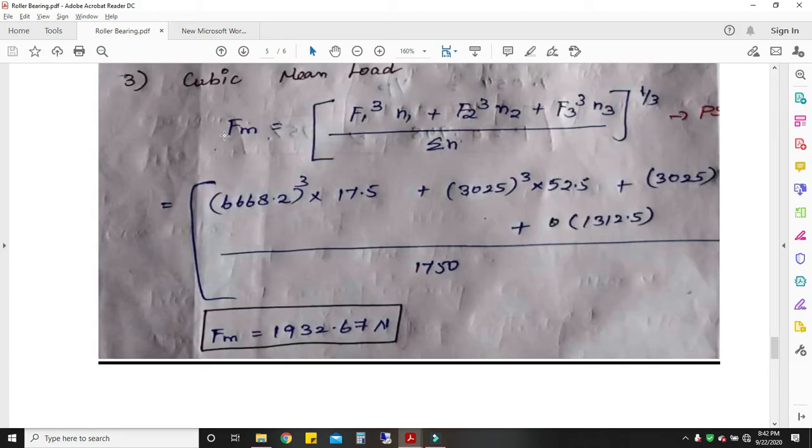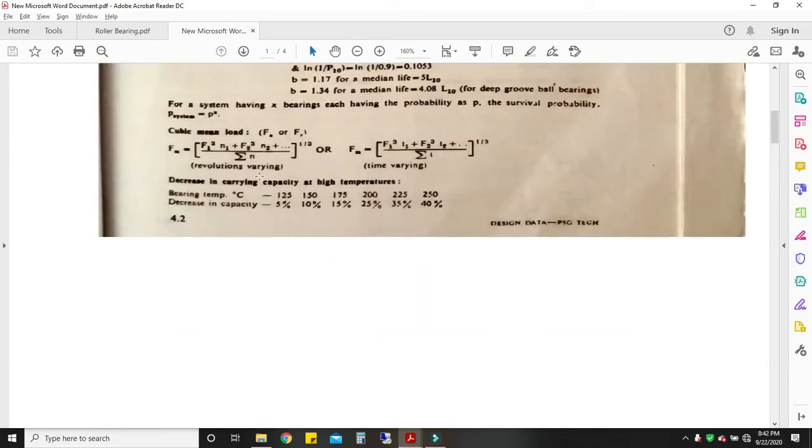The formula for finding the cubic mean load is in the data book, page number 4.2.